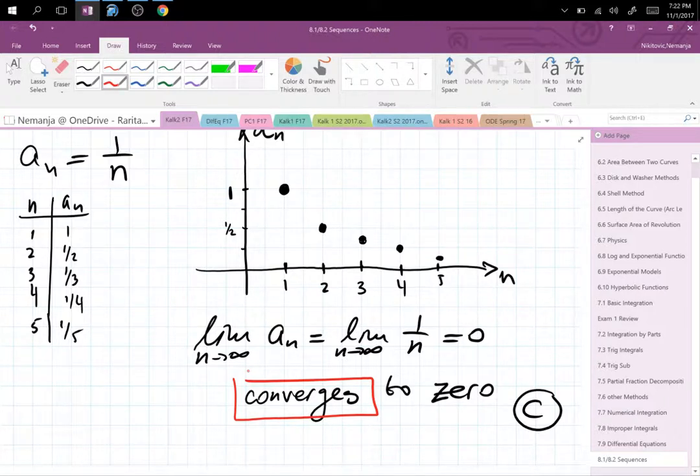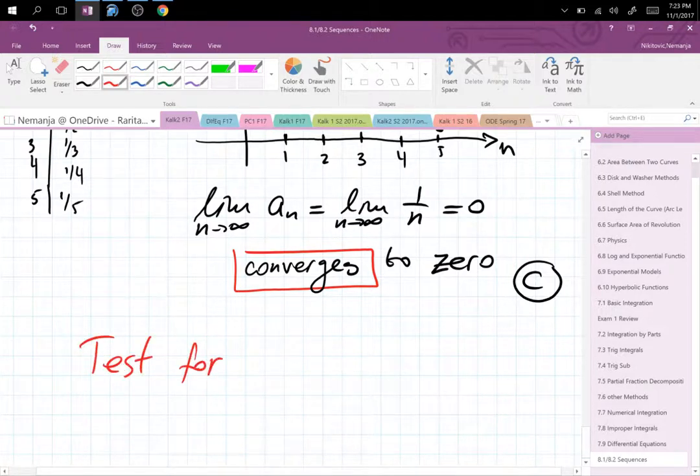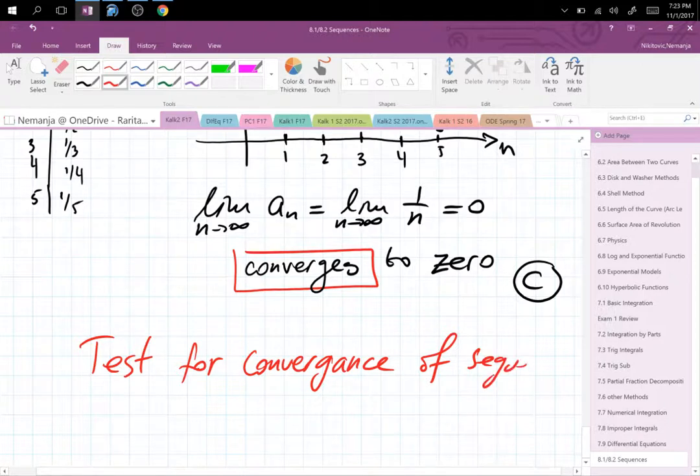So now, are you ready for a little bit of red and pink? Test for convergence of sequences.